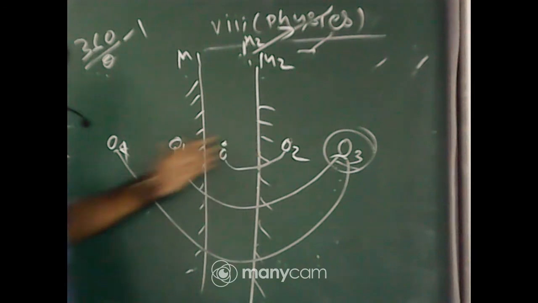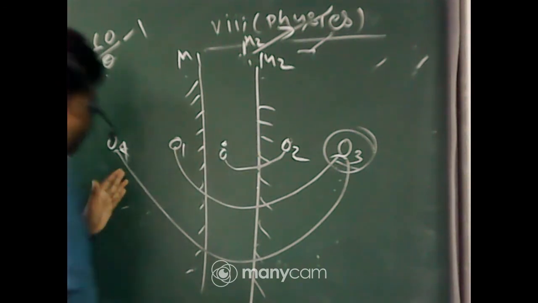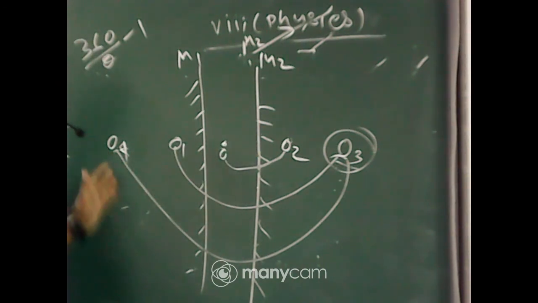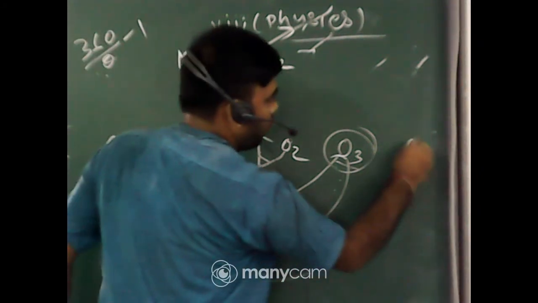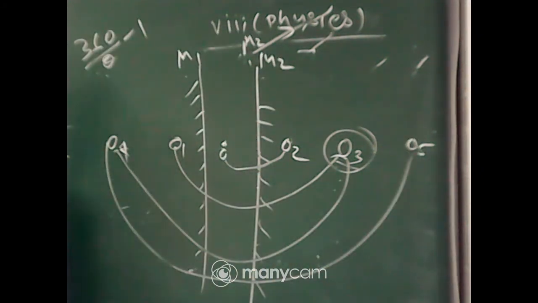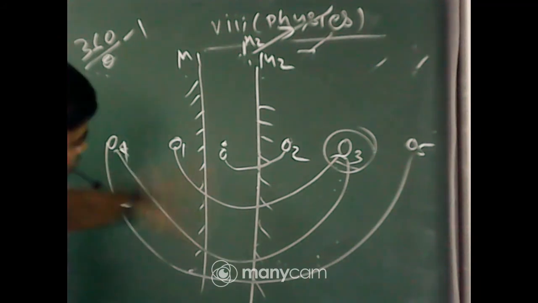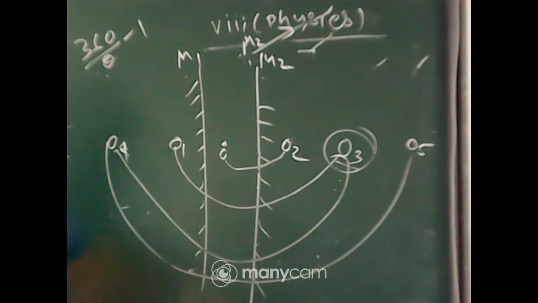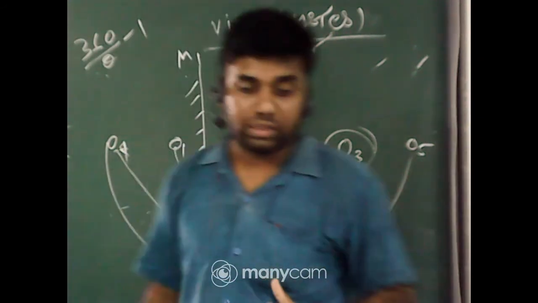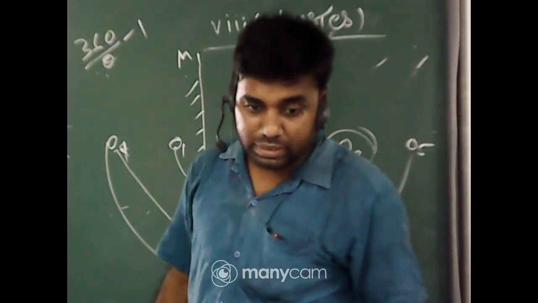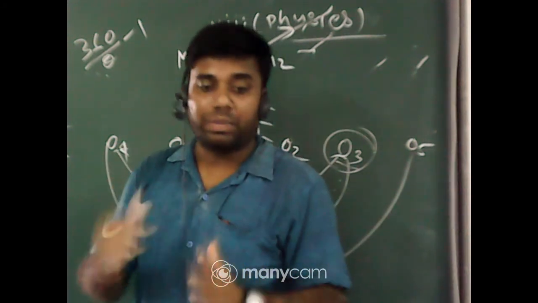O4 is the image at M1, and O4 will form another image at M2, that is O5. Got it, everyone? In this way the process will continue and I will get so many images. So an infinite number of images I will get.